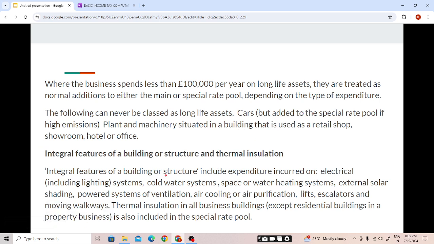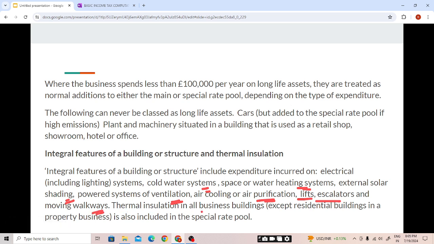Integral features of a building or structures include expenditure incurred on electrical, including lighting systems, cold water systems, space or water heating systems, external solar shading, solar panels, powered systems of ventilation, air cooling or air purification, lifts, escalators and moving walkways.